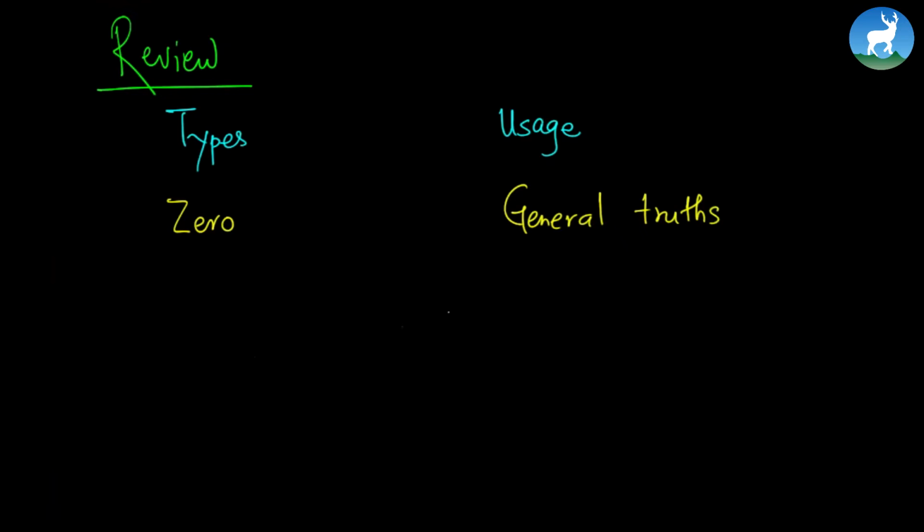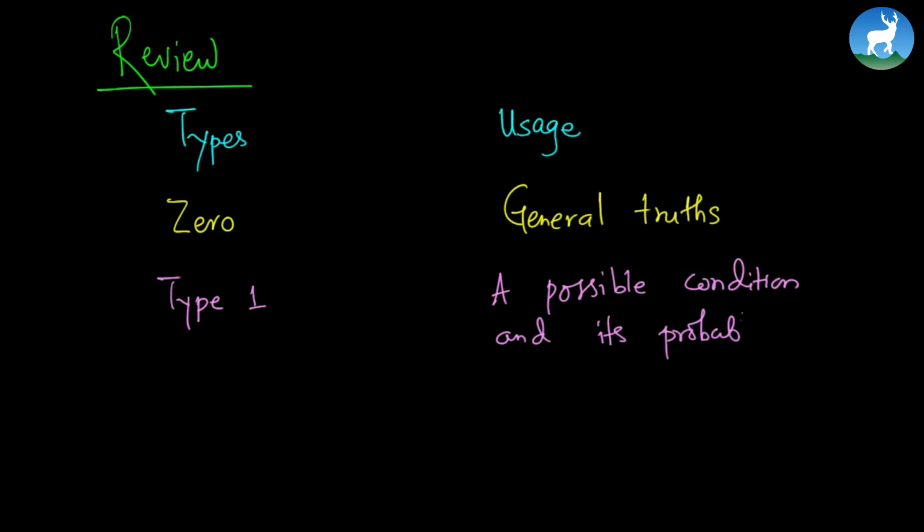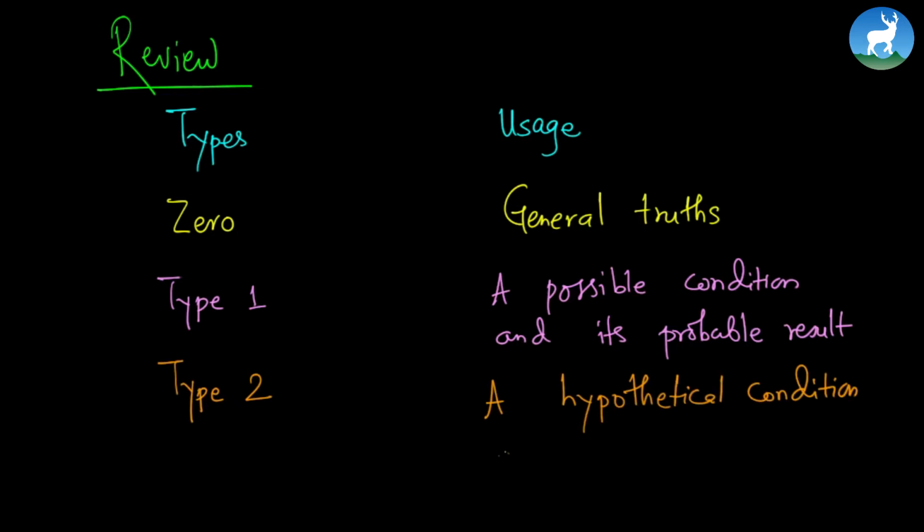The second one that we have is called type 1, and type 1 is used when we talk about a possible condition and its probable result, right? Then comes type 2. Type 2 is used when we talk about a hypothetical condition and its probable result, right?